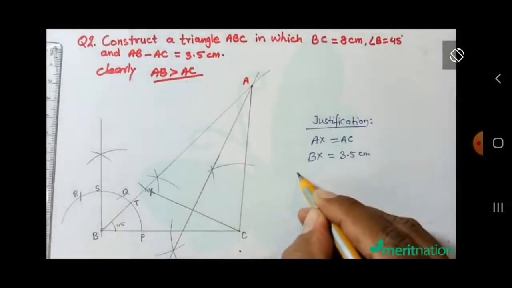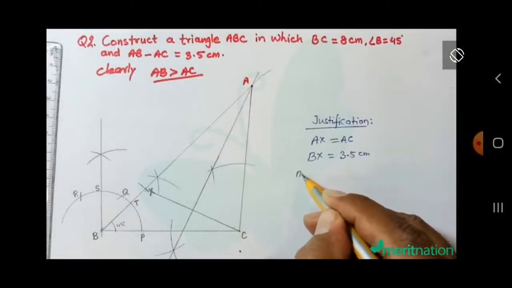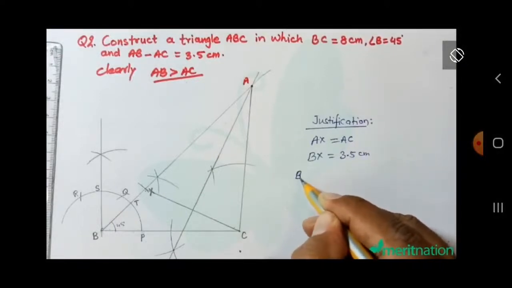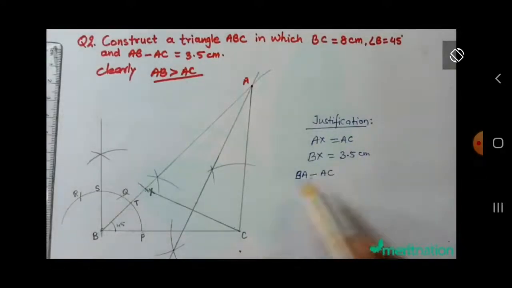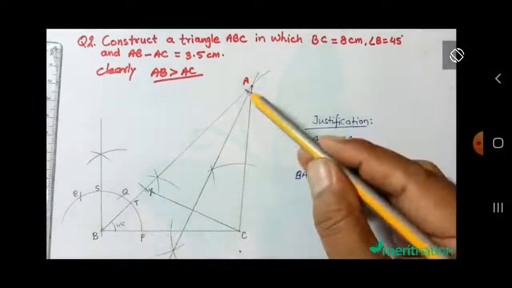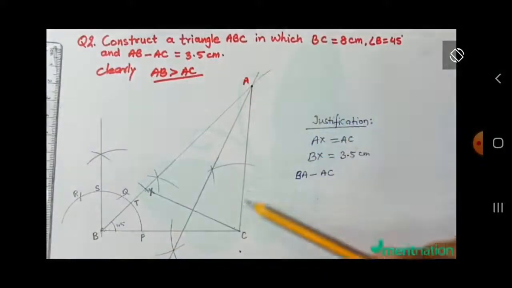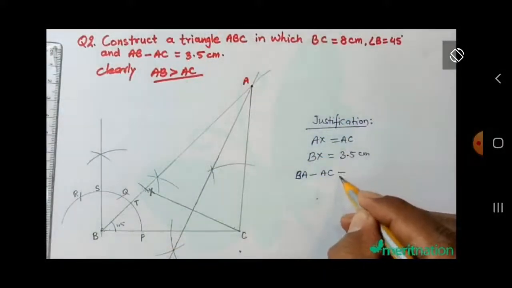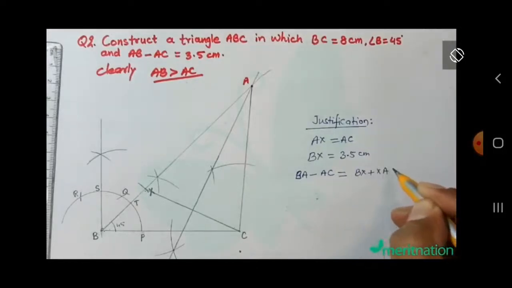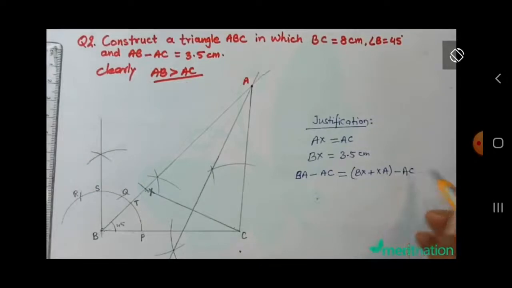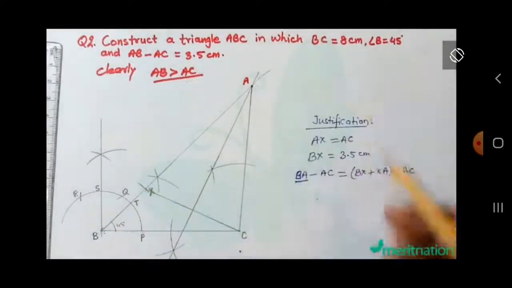So now see, if we write BA minus AC, see how much it is. BA, this is the first, the second side, first side was our BC, second side BA, third side AC. BA minus AC is equal to BX plus XA minus AC, because in place of BA, we can write BX plus XA.